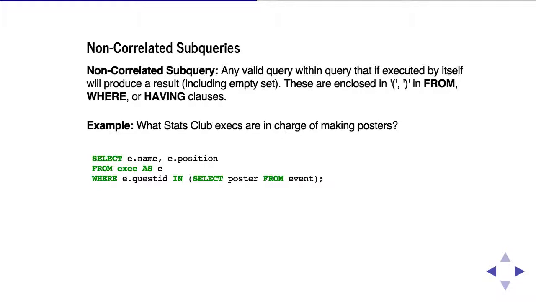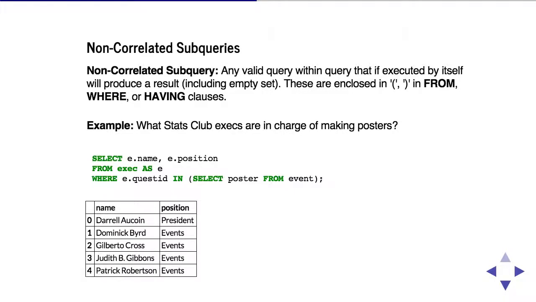And then we do a select name, position from exec where quest ID is in that subquery list of all the quest IDs that have done up posters. We get basically the club members and their positions that have ever done a poster for an event.